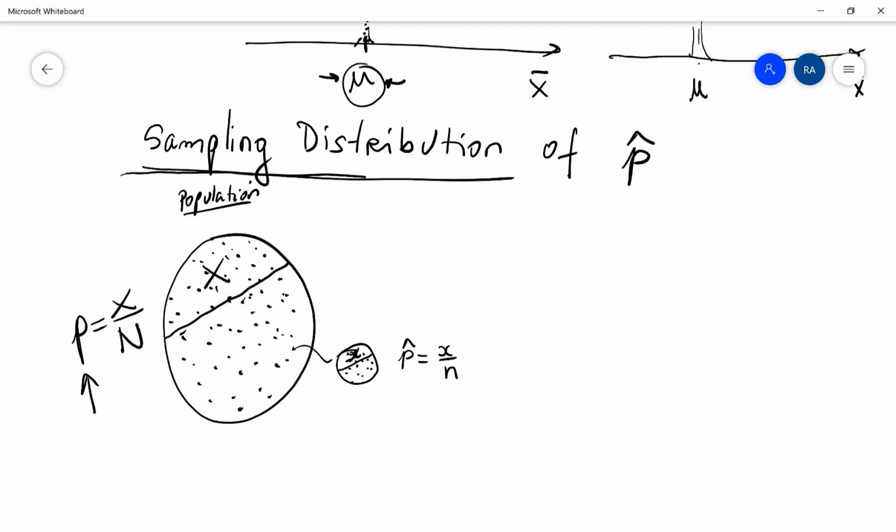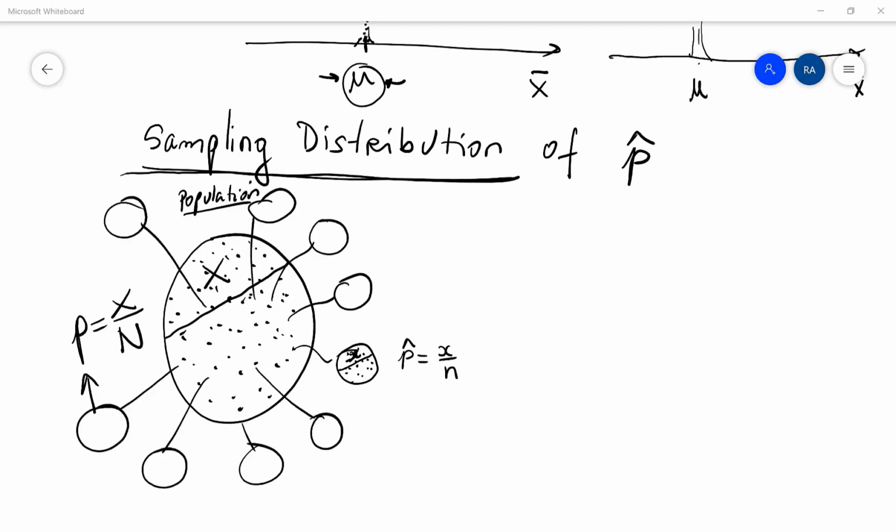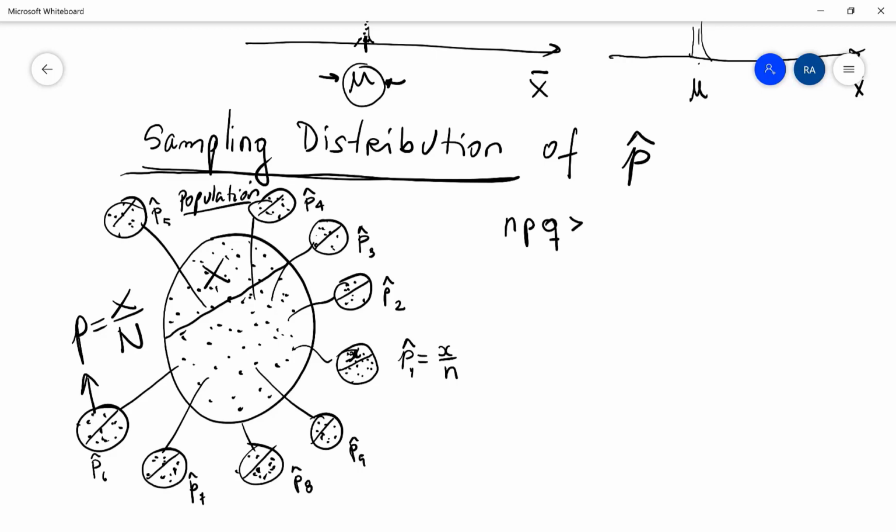To analyze the sampling distribution, we take all samples of the same size and compute the sample proportion for all of these possible samples, so we can obtain p-hat1 for the first sample, p-hat2 for the second sample, p-hat3 for the third one, and so on. If the sample size is big enough, and in this case the sample size is big enough when npq is bigger than or equal to 10, where q is equal to 1 minus p, the complement of p.